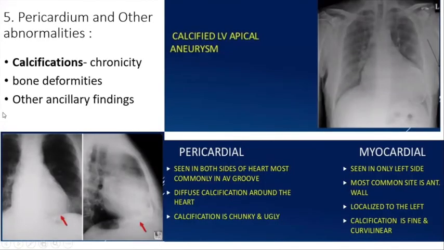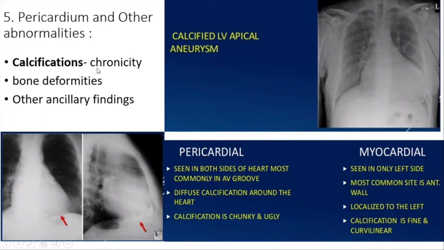Now, pericardium and other abnormalities. In the pericardium, we have to look at the contour of the pericardium, the calcification and the associated opacities. Firstly, the pericardium. The pericardium is a sac-like structure overlying the whole heart, and we look at the contour of the pericardium, which closely approaches the right border and the left border of the heart.